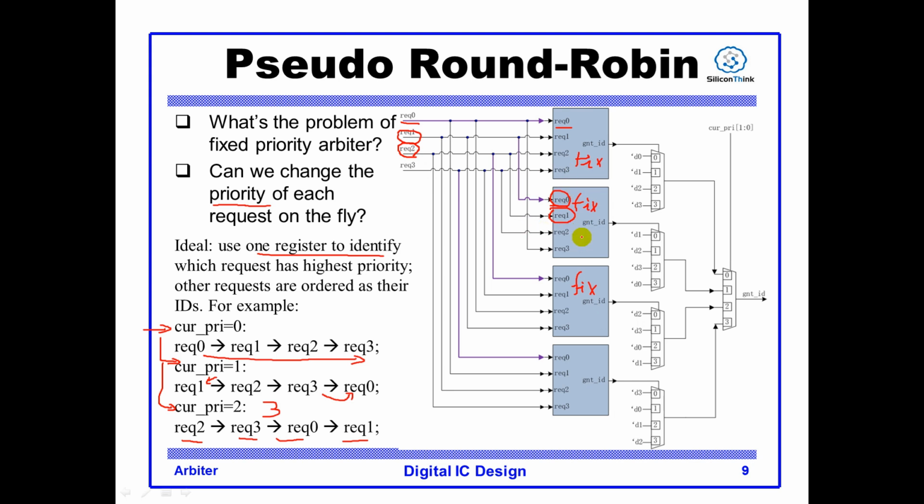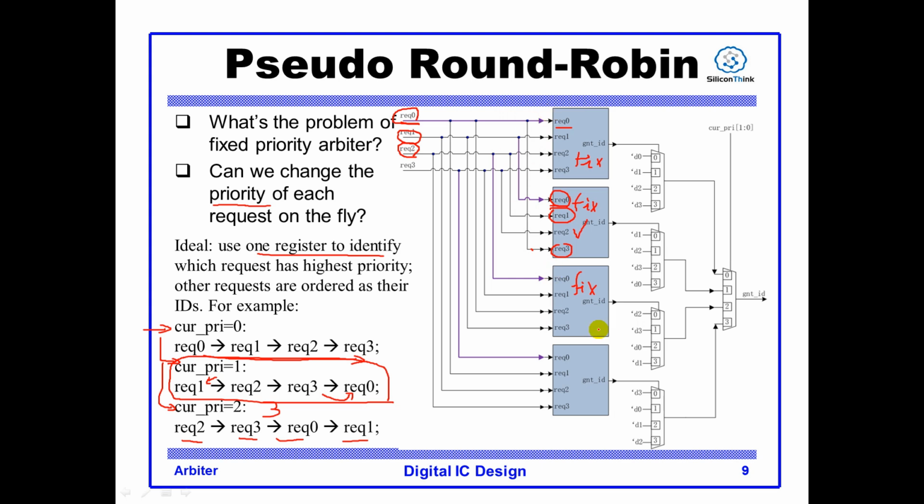That is, I try to use this block to do arbitration of this priority order. Request 1 has the highest, followed by request 2, request 3, then right back to request 0. Yes, this signal is connected to request 0.